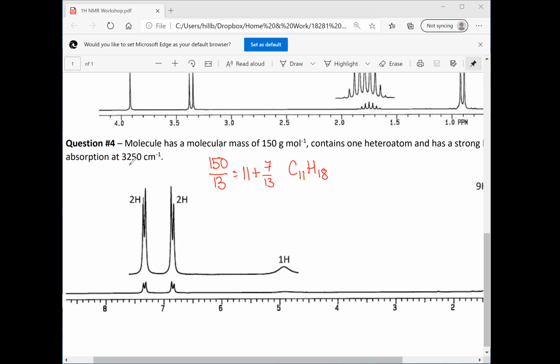So 3251, where is that in the range of? In the infrared. OH, right, OH. So that means we need to put in an oxygen. Oxygen is 16, so this would be CH4.